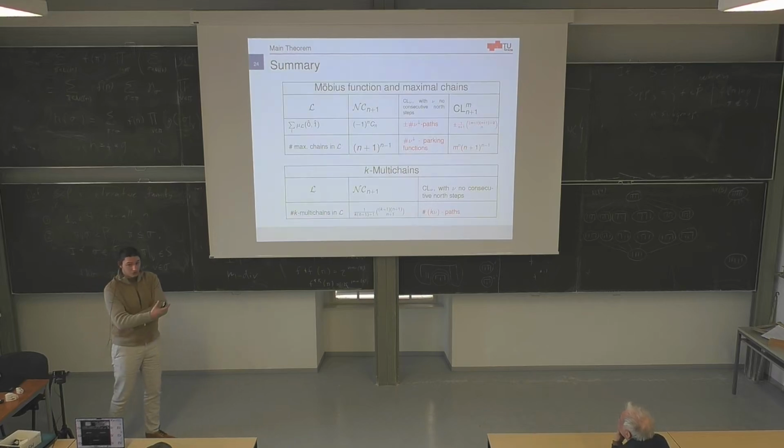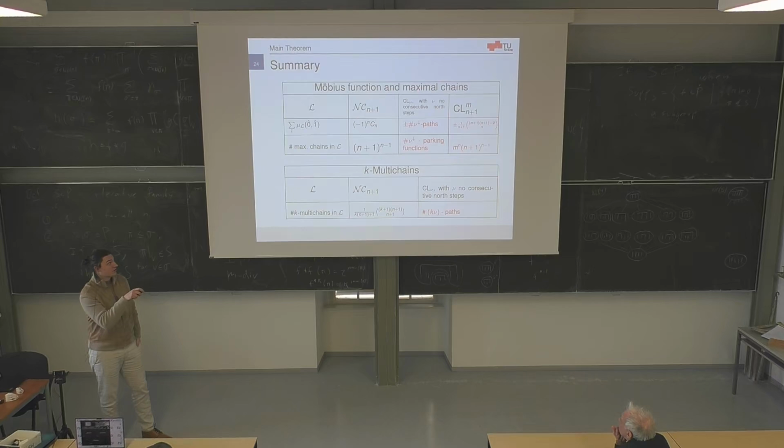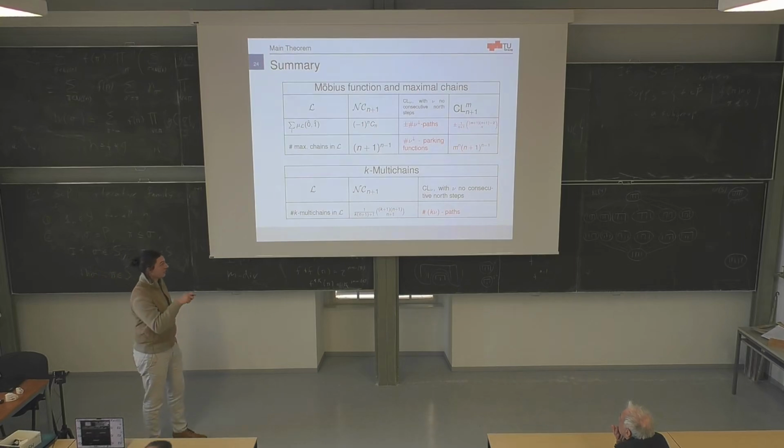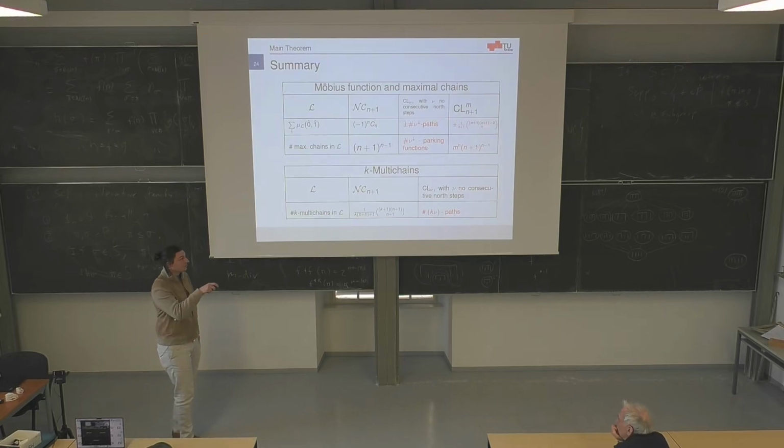As a short summary, at the beginning, we had these enumerative properties where Catalan numbers and parking functions appeared. In our generalization, we are counting, up to the sign, nu Dyck paths and nu parking functions. For the case of m-Tamari, we obtain beautiful numbers.